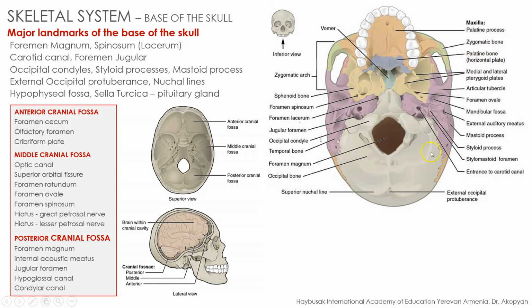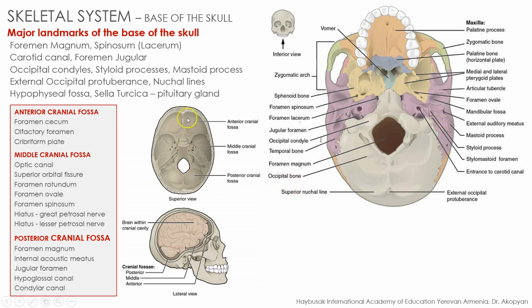Here you can also see the floor of the skull formed by the occipital bone with a large opening called the foramen magnum. Lateral to it are seen the occipital condyles, which articulate with cervical vertebra number 1. Various meatuses and foramina can be seen, which we will study independently.